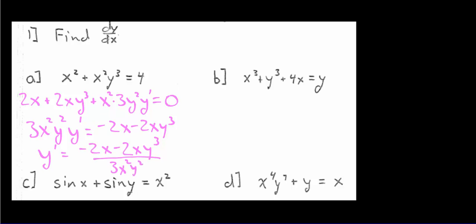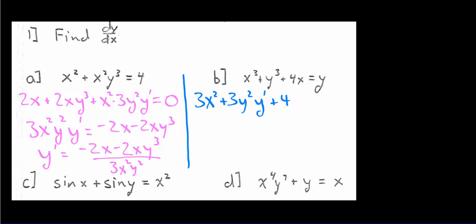There. That's it. There you have it. You have the derivative, dy dx. That's what y prime is in terms of x and y. Now what I want to do is look at this one, b. So we've got 3x squared plus 3y squared. Don't forget the y prime.